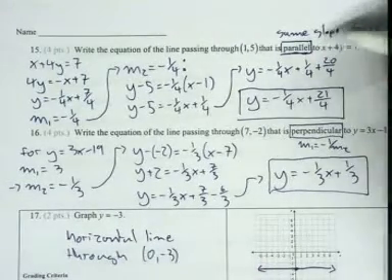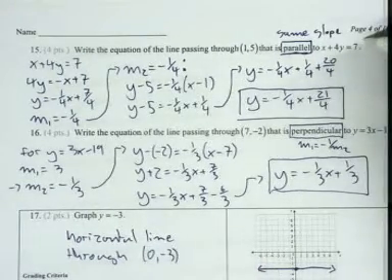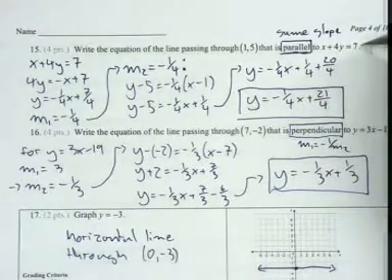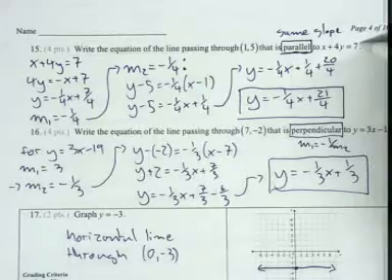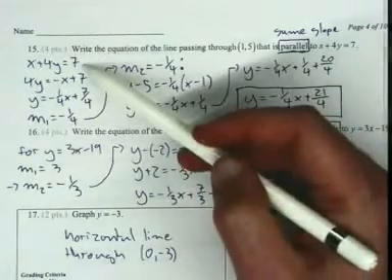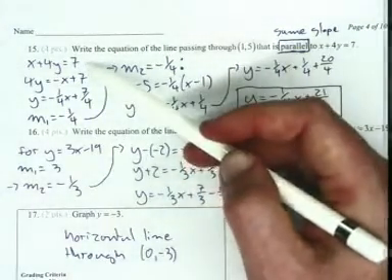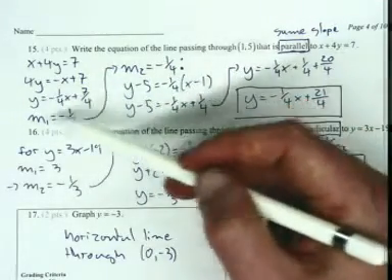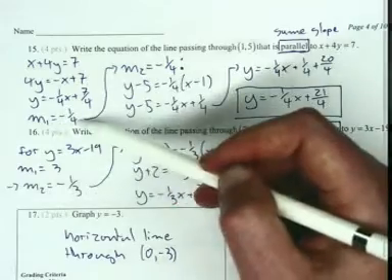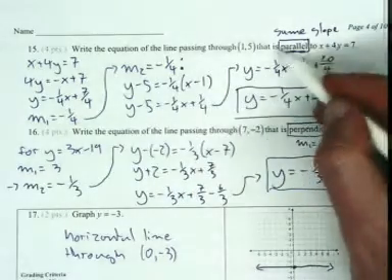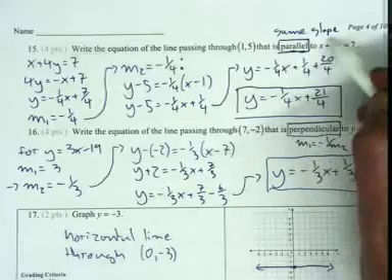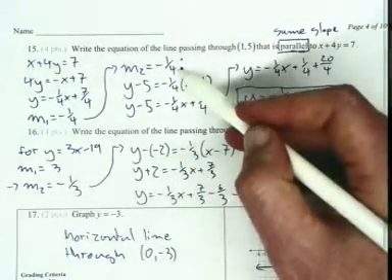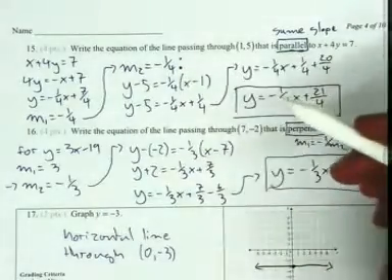So, first of all, for this problem number 15, we have to find the slope of this given line, x plus 4y equals 7. So over here, I went through and I solved for y, I get y is equal to negative 1/4 x plus 4. That means my slope is negative 1/4. We want the parallel line, so parallel line means same slope. So that means m2 is going to be negative 1/4, same slope.